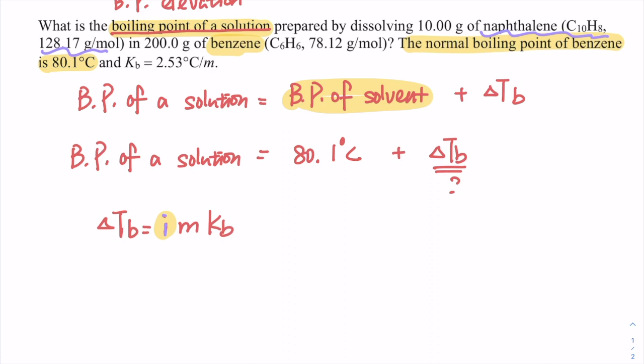How do we know that's the solute and not the solvent? What's the definition of a solvent or a solute? We need to compare which one has more, and to compare, we need to compare the moles. In this question, just by looking at 10 grams and the molar mass, and 200 grams and its molar mass, you can quickly see by math what we have more or less of.